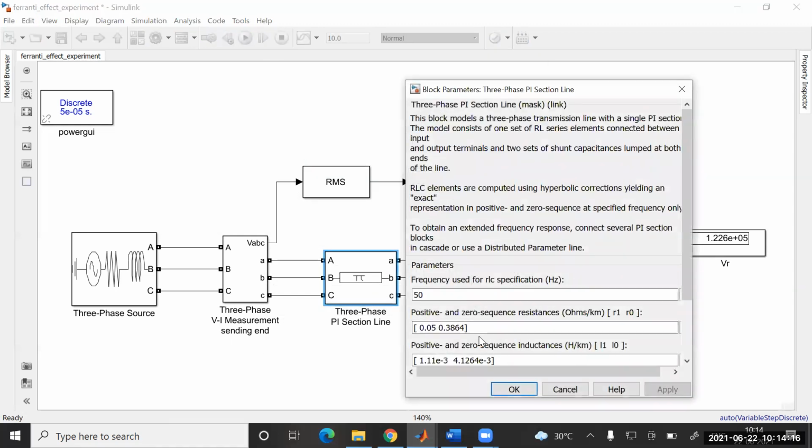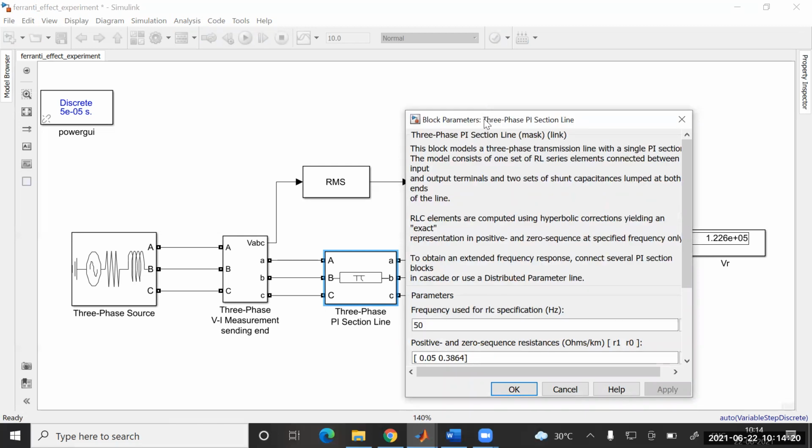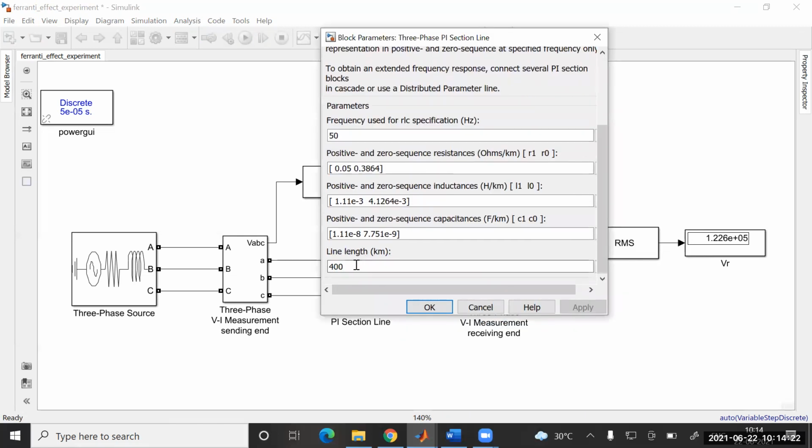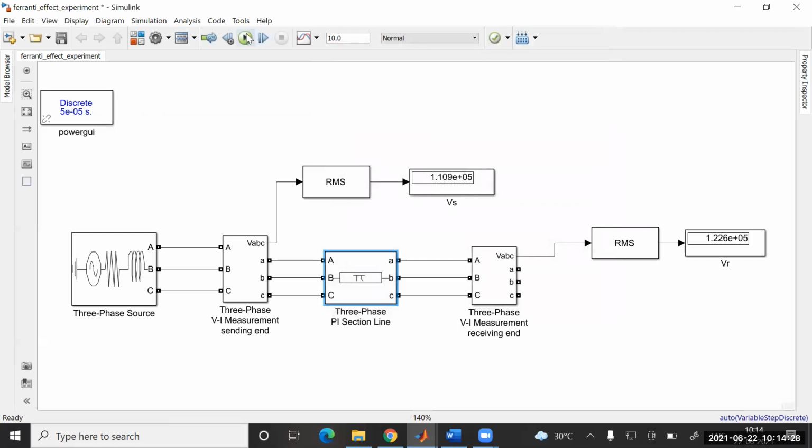What I am going to do is increase the length again, and again I would be running. See, it is increased, yes or no? Yes, it is increased.